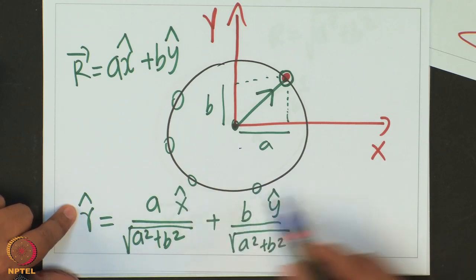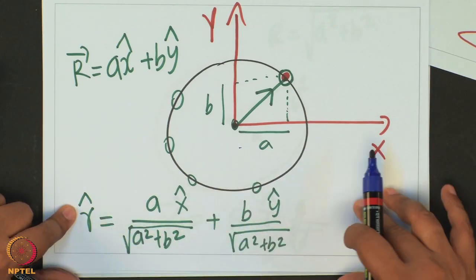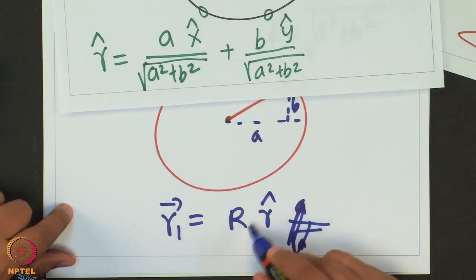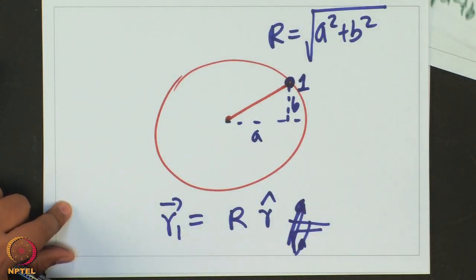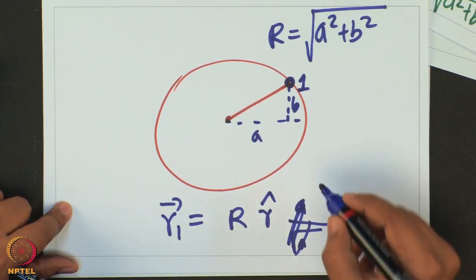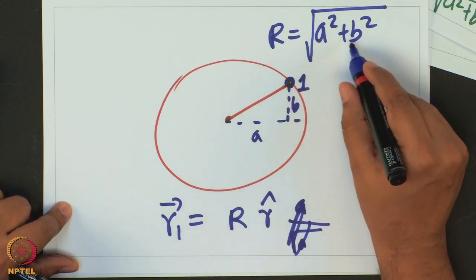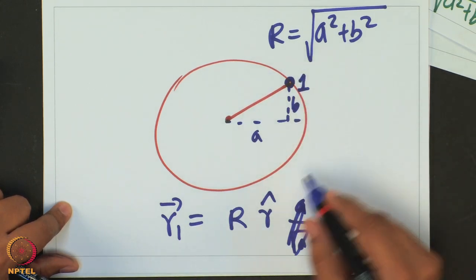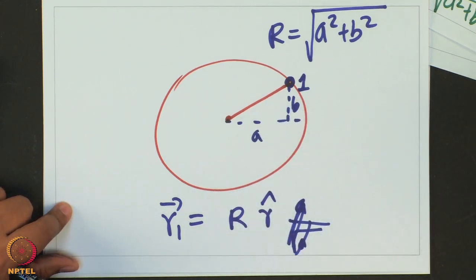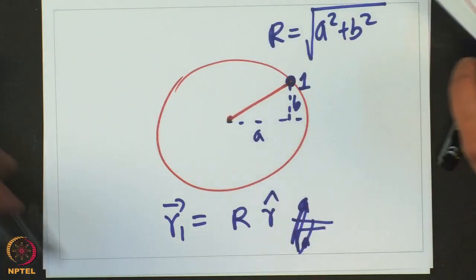So if I have this r cap, I could write r cap as this vector, and do this yourself. You will see that if I substitute r, which is the magnitude, root of a square plus b square, and if I substitute this, I would get essentially this vector. We can see that. Let us see this ourselves.